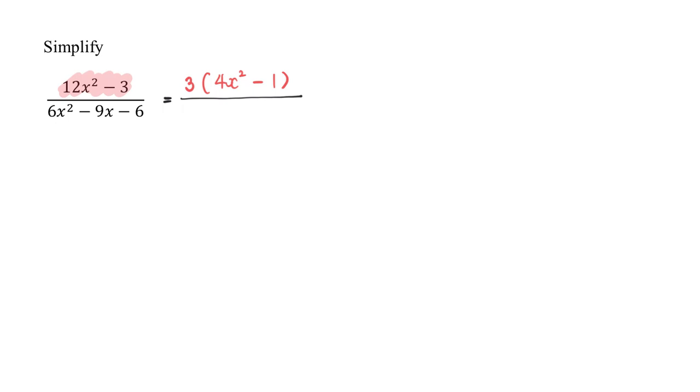Alright, so let's focus on the top part first, okay? So now I'm going to continue to factorize this part, and I shall do it at the side to let you know that I am going to utilize this special product. Why is that so?